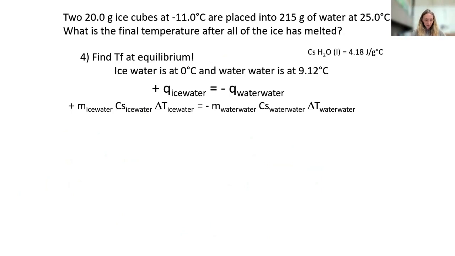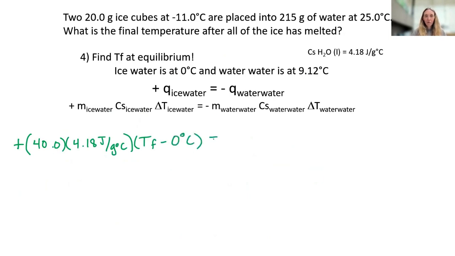Okay, so let's put all those numbers in. We laid them out on the table, so we have a positive sign. The mass of the ice water is 40 grams. The specific heat is 4.18 joules per gram degree Celsius. And the delta T is the final temperature minus the initial temperature.